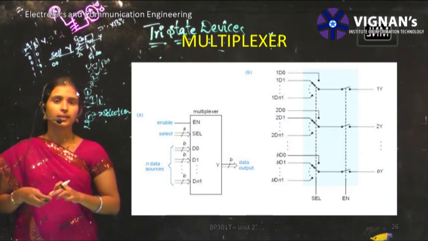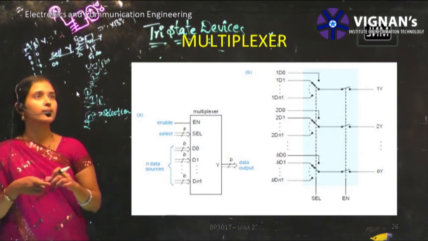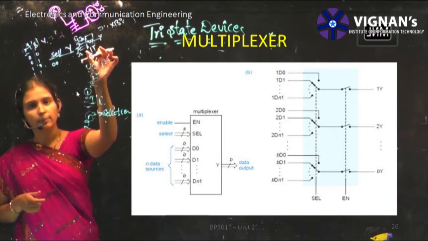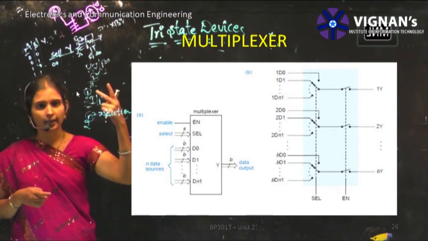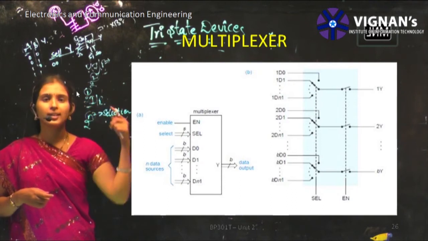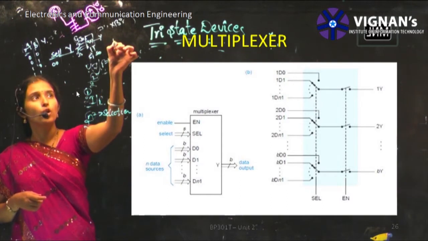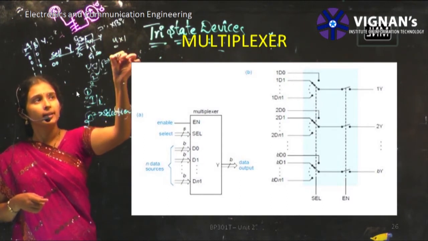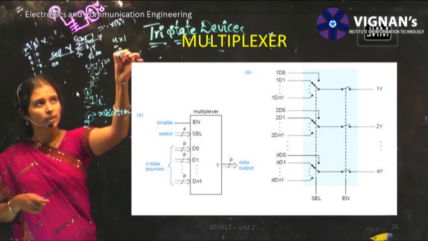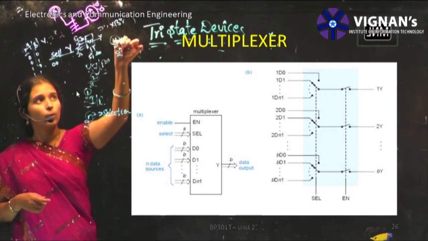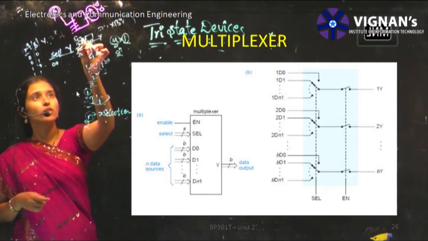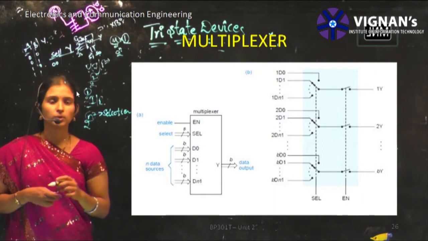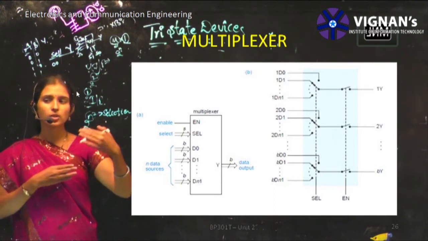A 4 by 1 multiplexer means it will be having 2 power n, where n represents your selection lines. As it is 4 to 1, there are 2 selection lines and 4 input lines, 1 output line. So depending upon your selection lines, one of your inputs will be assigned to your output. It is like switching.